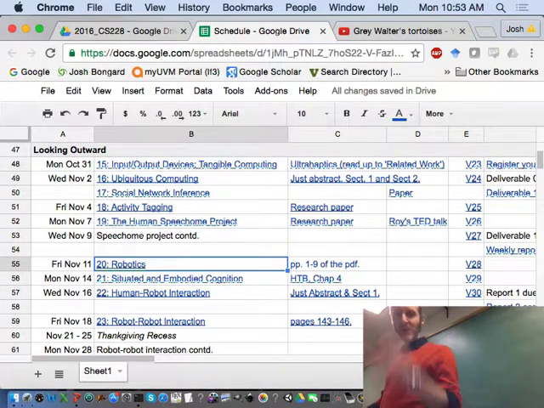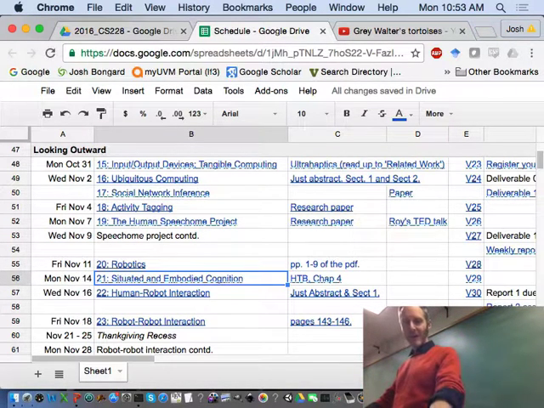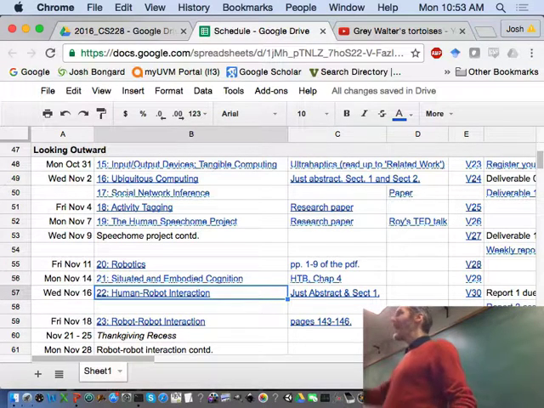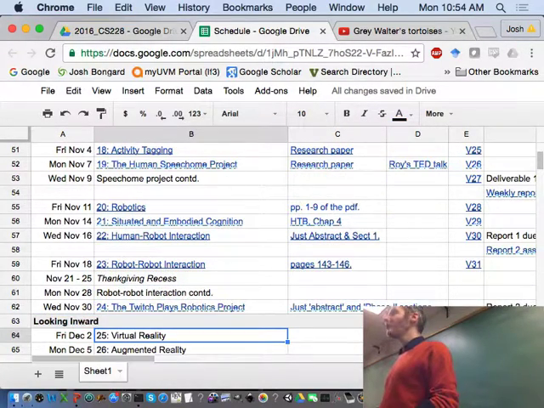Just as a reminder, we introduced robots in Lecture 20. We talked about situated and embodied cognition in Lecture 21. In Lecture 22, we added some new things to our robots' environment, and these things are called humans. And we talked about some of the particular kinds of interactions that are important when robots are interacting with people. And today we're going to work our way through Lecture 23, which is robot-robot interaction.